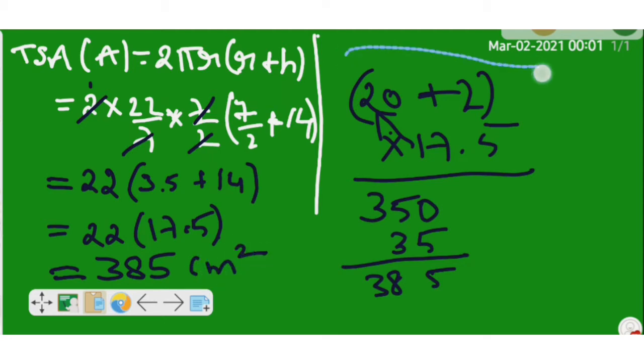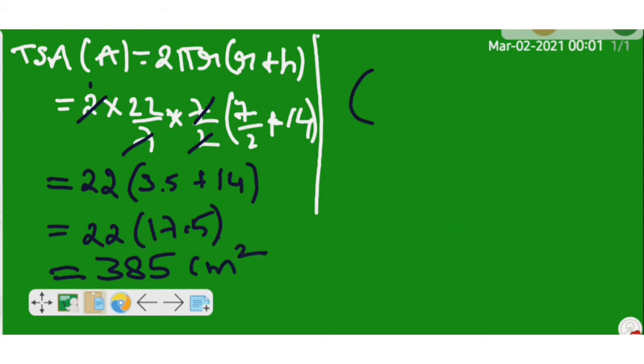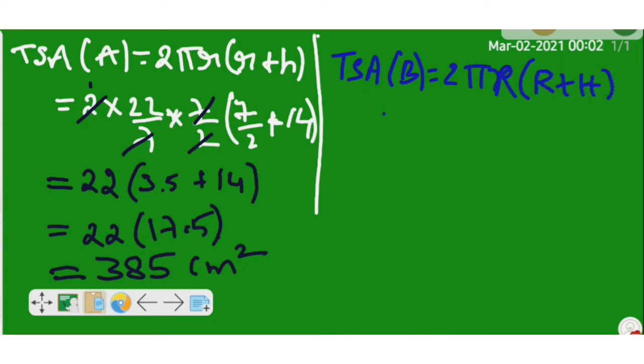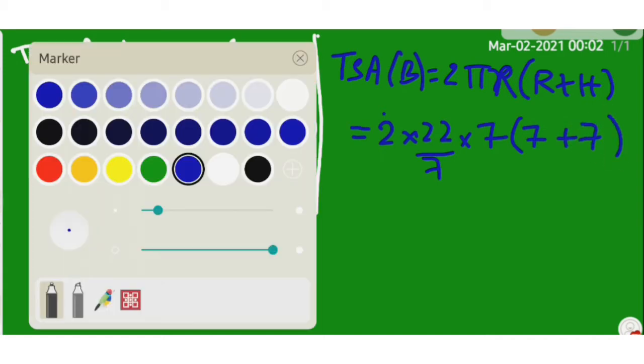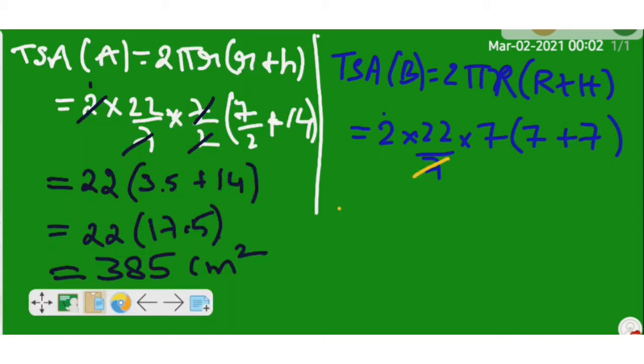Now we will find the total surface area of cylinder B. In the same way, total surface area of cylinder B is 2 pi R, I am taking here capital R, into R plus H. If we substitute the values, 22 by 7, and radius is 7 here, radius 7 plus 7, height also is 7. So do the cancellation, 7 7 gets cancelled.